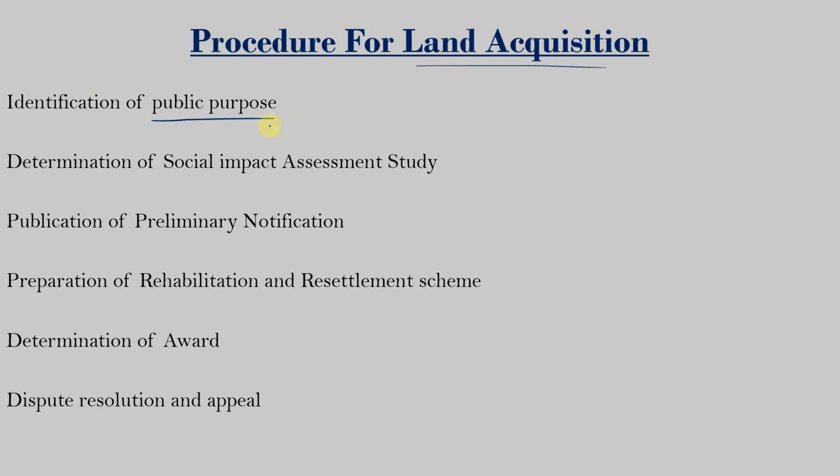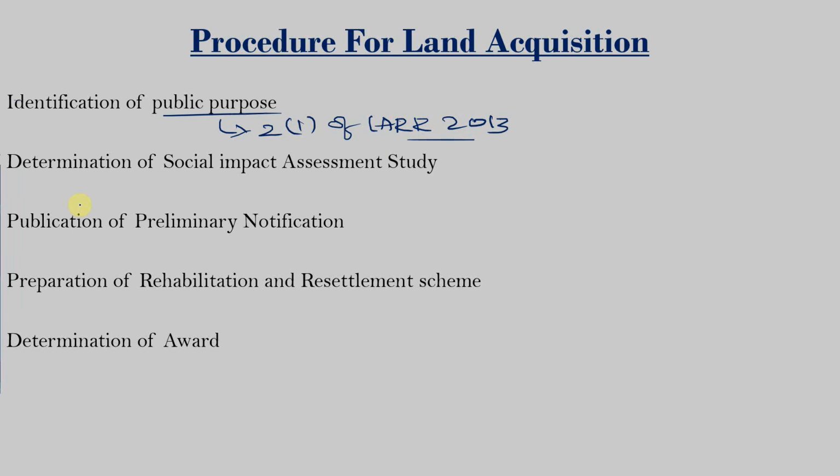So in the last video, we understood under Section 2, Subsection 1 of the Land Acquisition Act 2013, the purposes and circumstances under which the government can acquire land. After the government identifies the purpose, that is, whether to acquire the land for strategic purposes or for constructing houses for the poor or any other purpose mentioned under 2, Subsection 1.